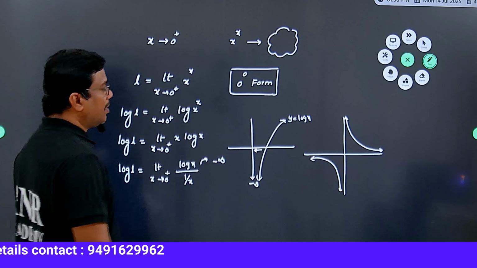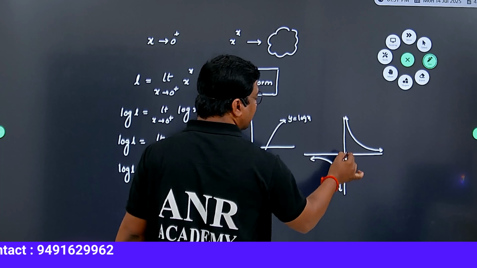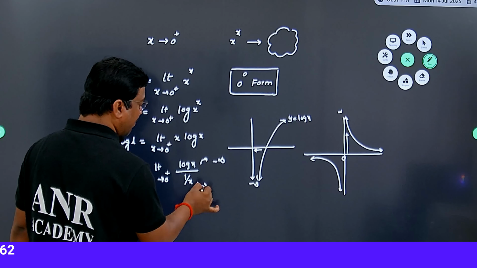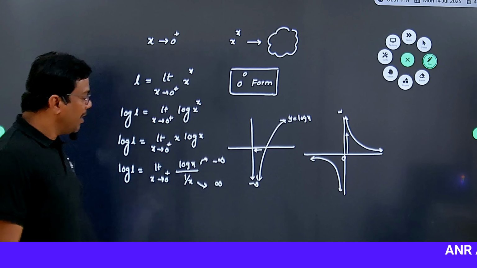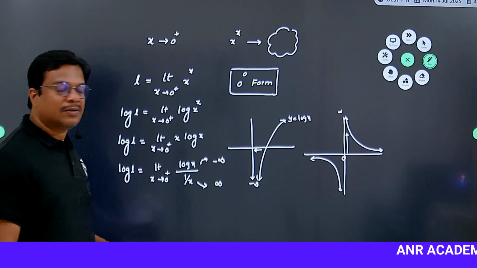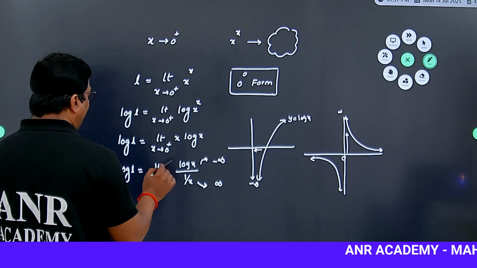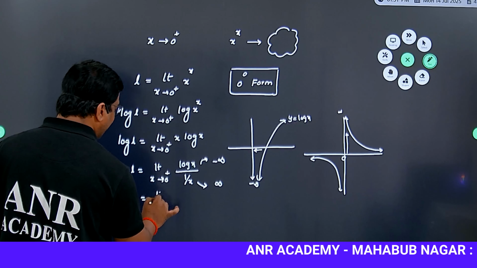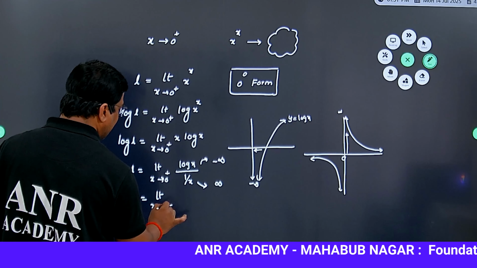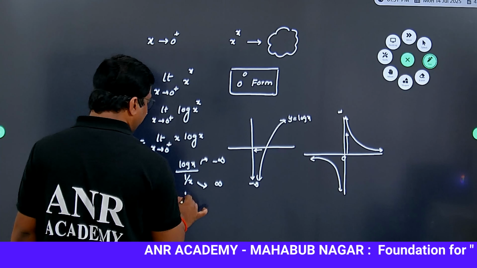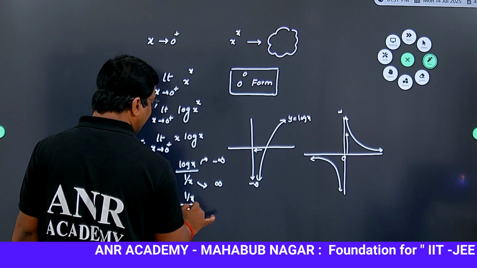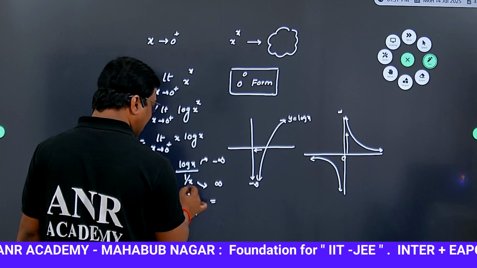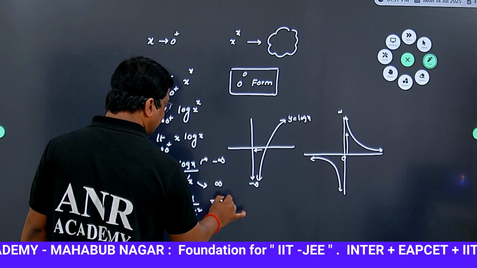See, when x tends to 0 plus, the denominator approaches infinity. It is the infinity by infinity form. Applying L'Hopital rule, log L equal to limit x tending to 0 plus of the derivative of log x, which is 1 by x, over the derivative of 1 by x, which is minus 1 by x square. On simplification it becomes minus x.